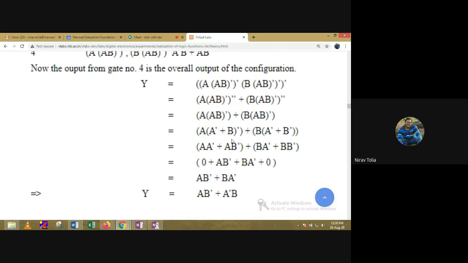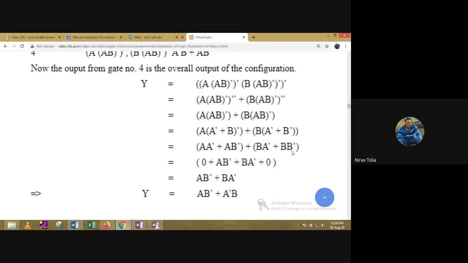Now we multiply the terms. So A into A bar plus A into B bar, and in the same way A bar into B plus B into B bar. As I already said, A into A bar is 0 and B into B bar is 0. Why? Again, it is a Boolean expression.